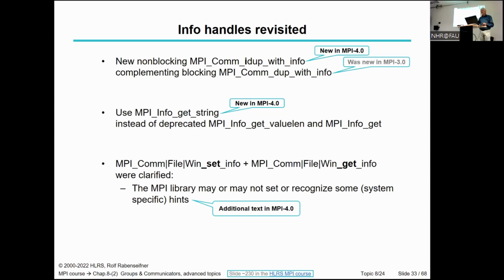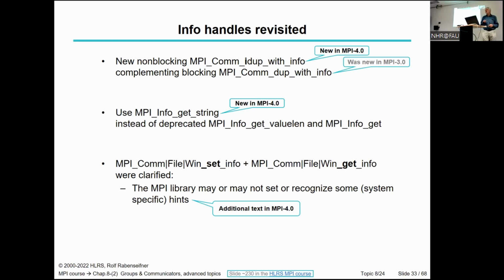The get info returns what is really provided by your MPI library. It removes what you wanted to have when it's not provided, and it adds all the features that the MPI library provided and tells you the defaults that are used.